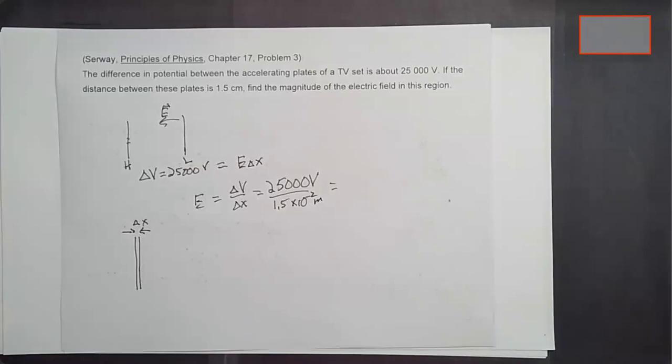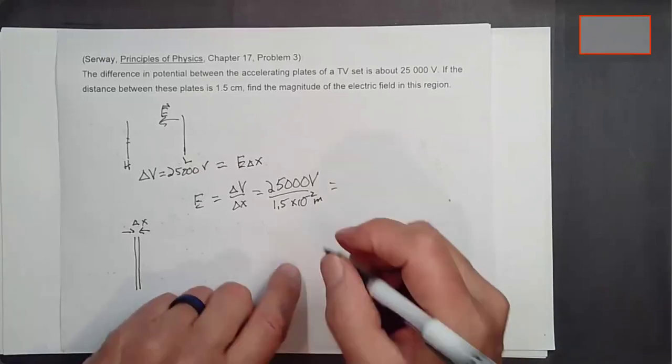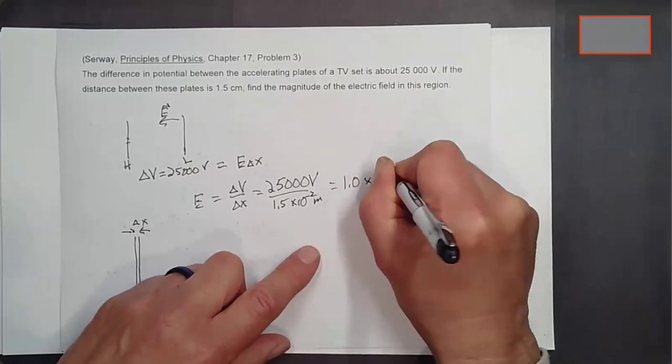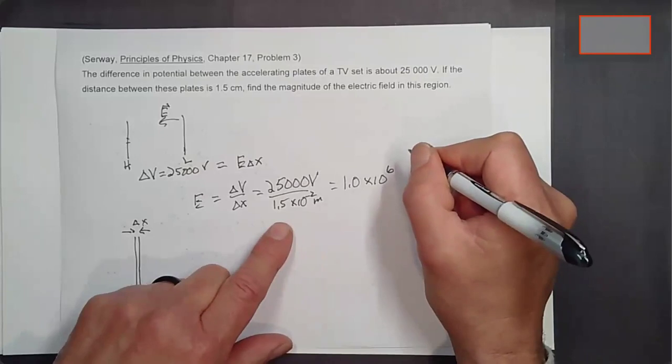And I get 1.0 times 10 to the 6th. Hope I did that right.